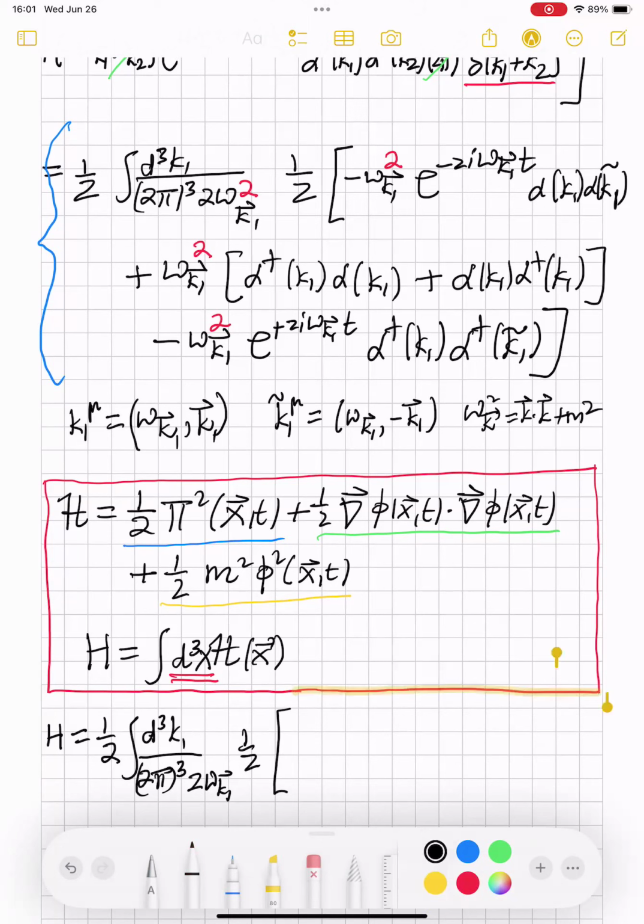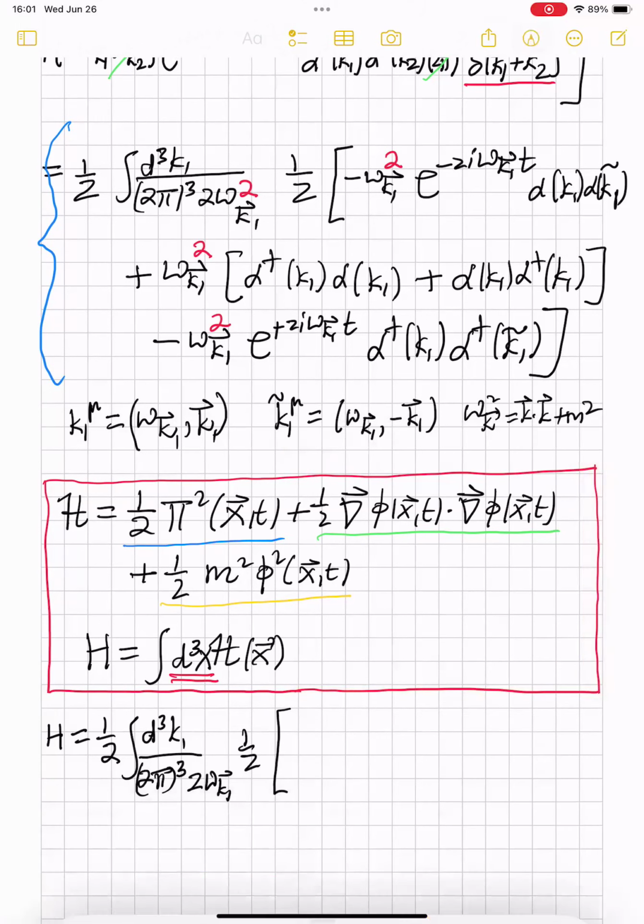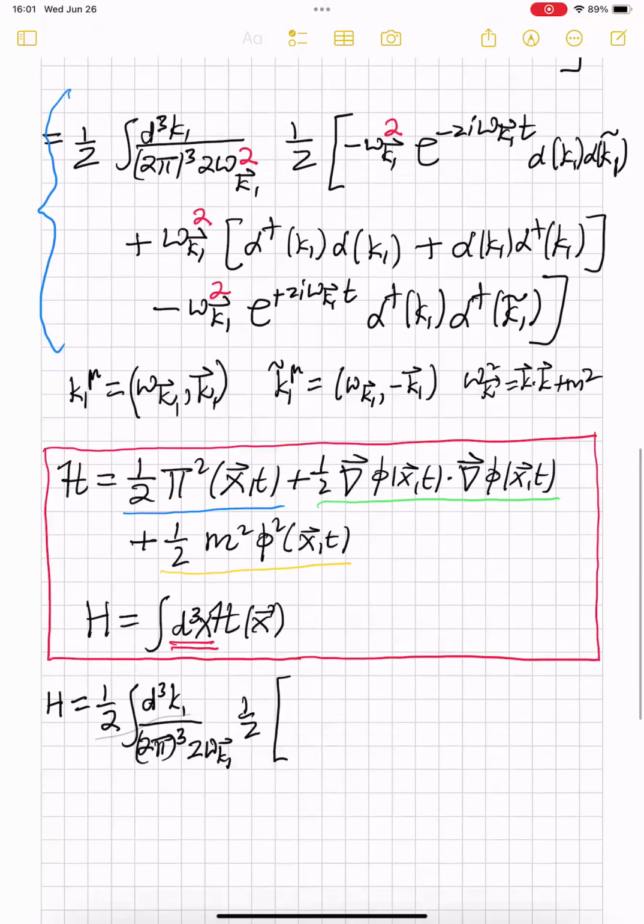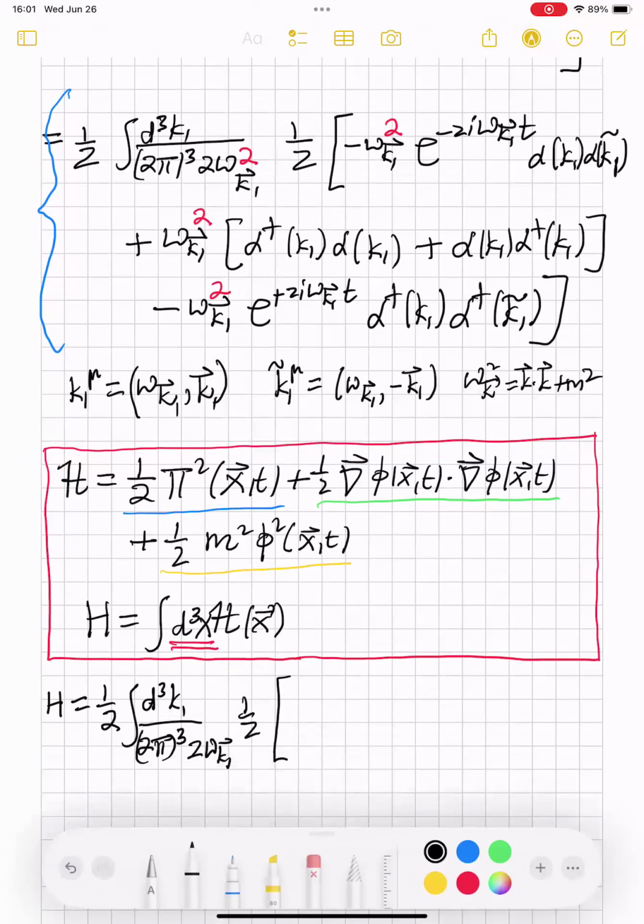So starting off with the pi squared contribution, okay, what do we have? Well, from the first term above, we've got minus omega K1 squared. So this term that I've just written down comes from there, that we actually evaluated, okay?